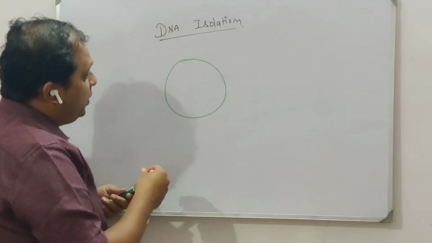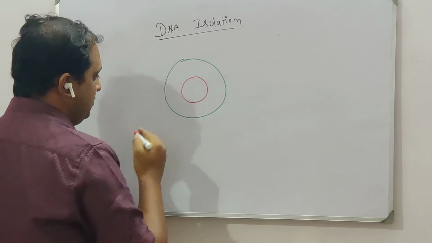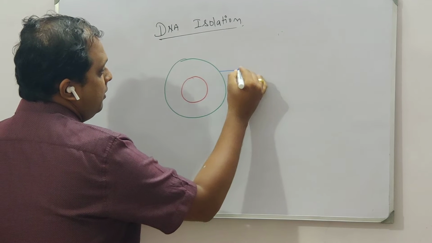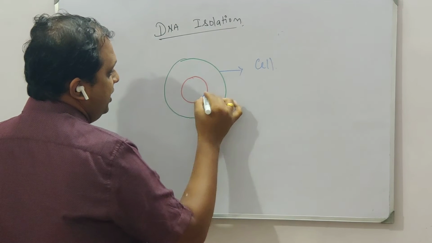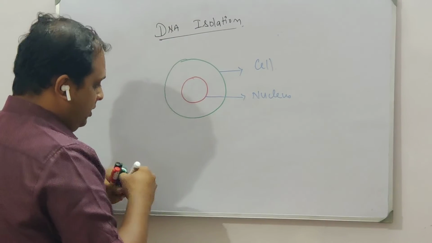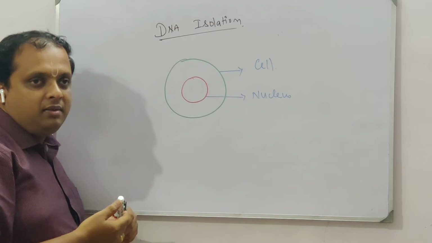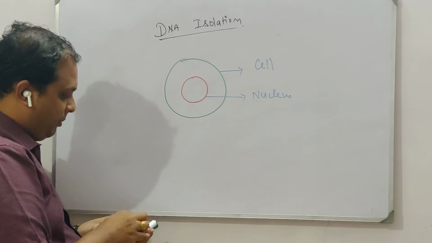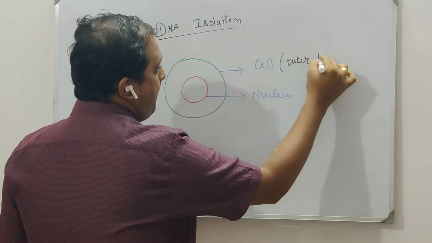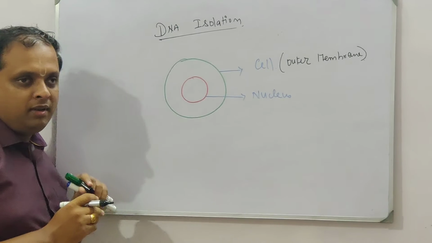Now, if we look into the basic structure of a cell, there is a nucleus, a cell, and you know that the space between the nucleus and the cell has the outer membrane. So this is going to be the outer membrane, and this is going to be the cytoplasm, right?